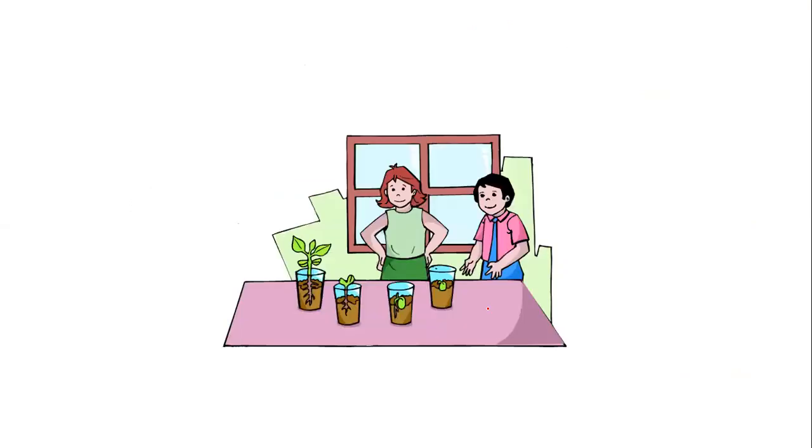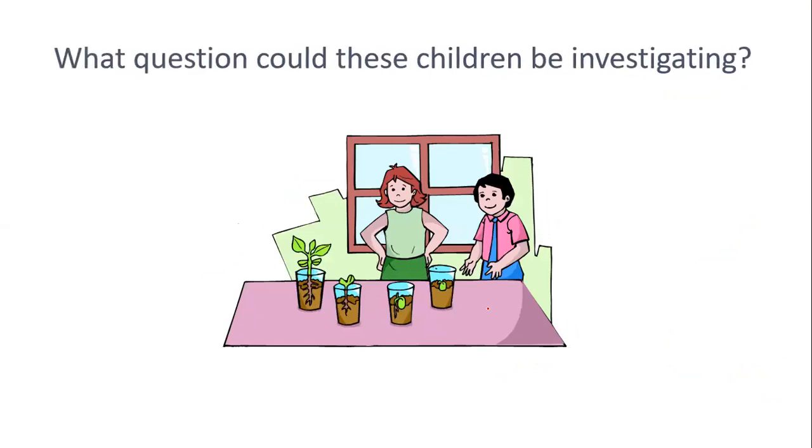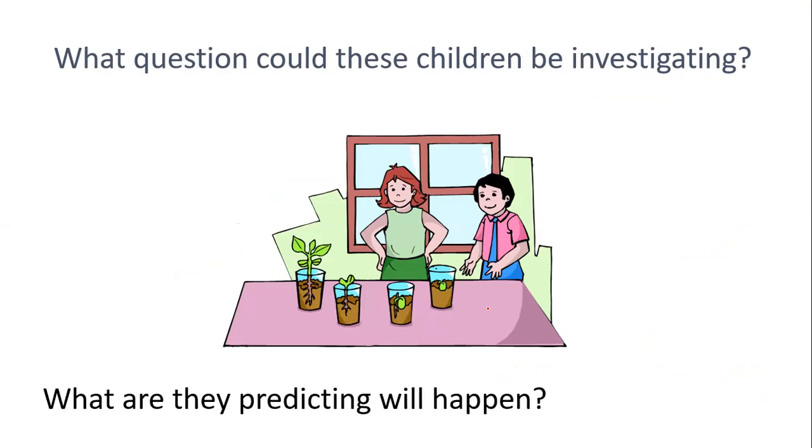and it could help you in determining a problem. Okay, example, what question could these children be investigating? Okay, the plants are different. So it could be, what are they predicting to happen? So obviously, since the heights of the plants are different, they are experimenting on the growth of plants. And they could probably investigate the fertilizer or the amount of sunlight.